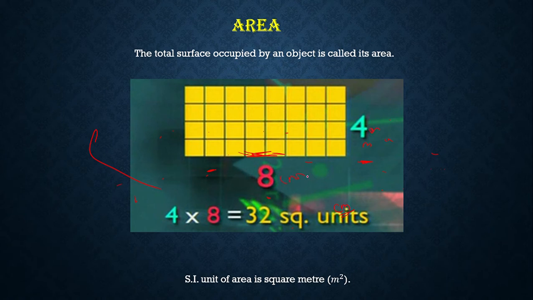If the values had been in meter, your answer would have been 32 square meter. That simply means that if you count the number of boxes, this total area is covered by 32 boxes, each a square of 1 centimeter, because it is in centimeter.